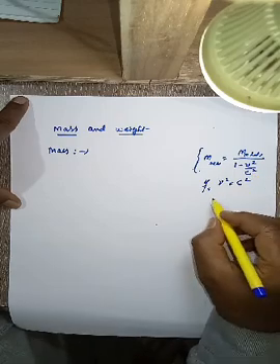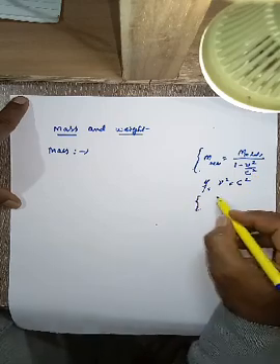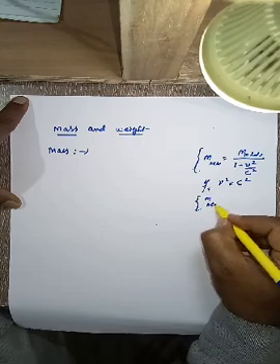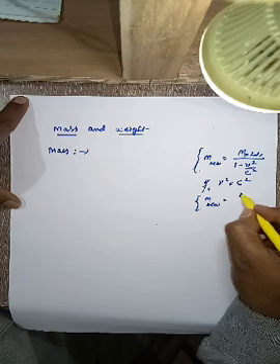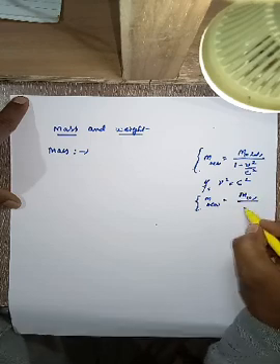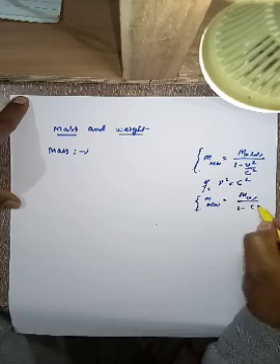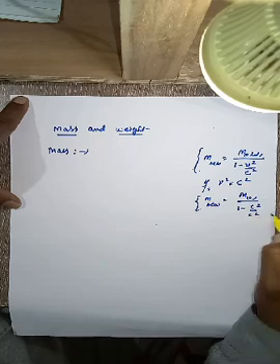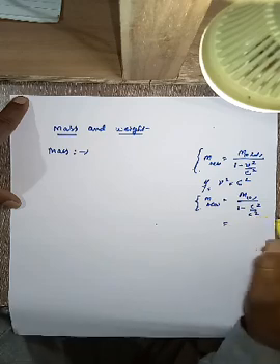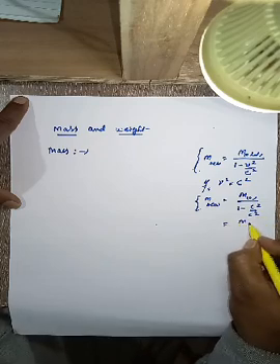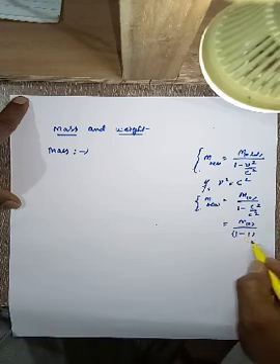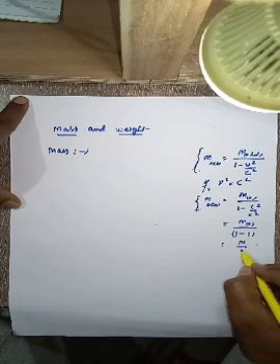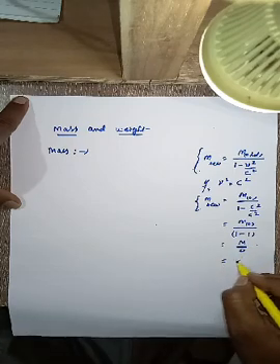Then the formula changes like this: mass new equals mass old upon 1 minus c square upon c square, that is, mass old upon 1 minus 1, right? That is m by 0, which is nothing but infinity.